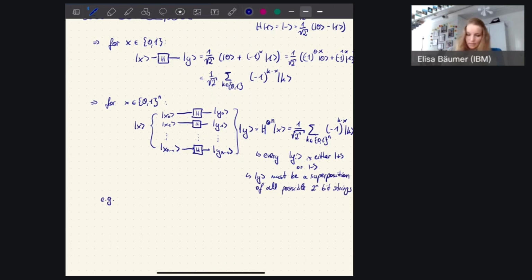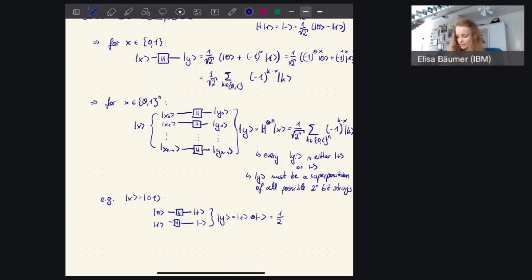And let's just show an example with 2 bits, so maybe you get more intuition for that. Let's assume x would be 0, 1. So we have 0 and 1 as the 2 inputs. We apply a Hadamard gate to each of them, and then the output is clearly plus here and minus here. So the overall output y is actually plus tensor minus.